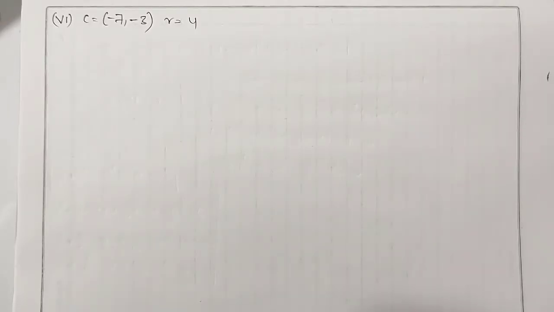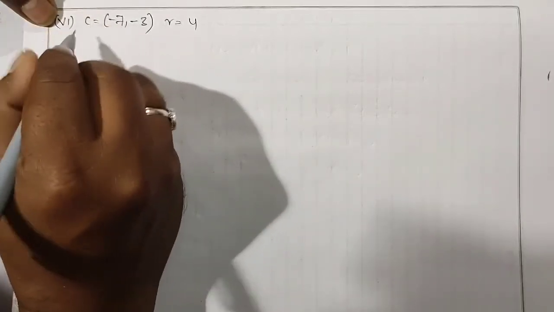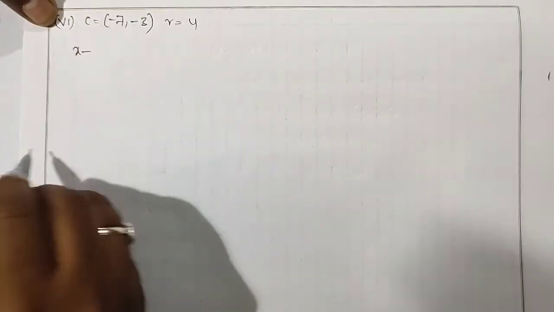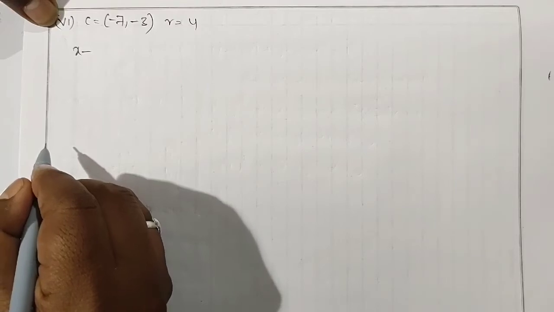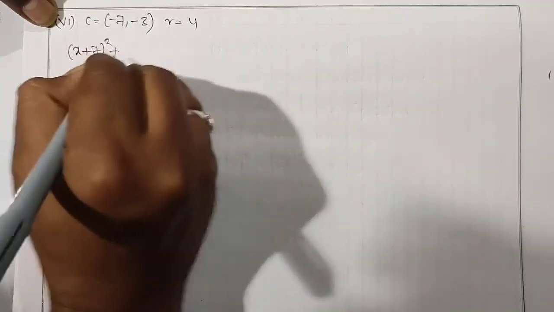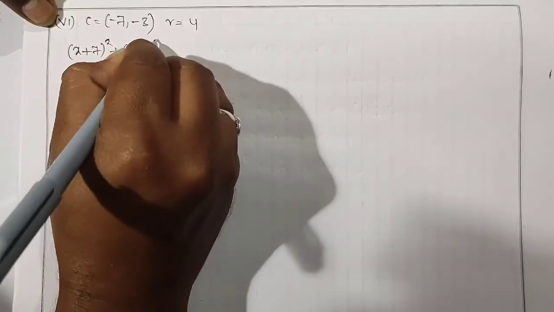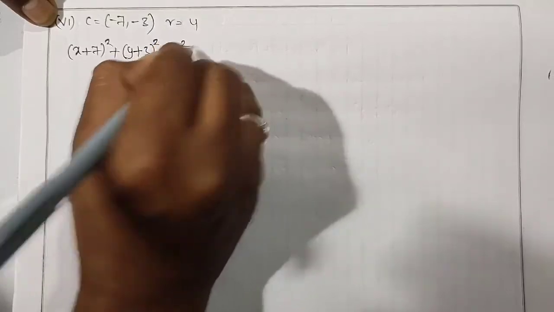So the next question is the sixth one. The next important question, the sixth one: c is equal to (-7, -3) and r is equal to 4. So x minus h here is x minus of minus 7, minus of minus becomes plus, so (x plus 7) whole square, and plus (y minus of minus, plus 3) whole square, is equal to r square, 4 square.